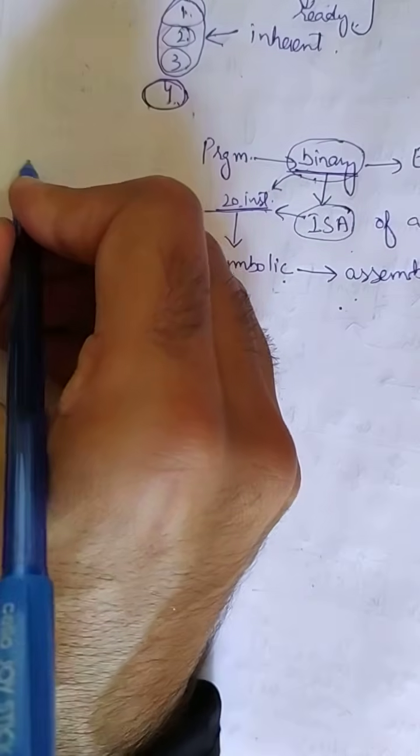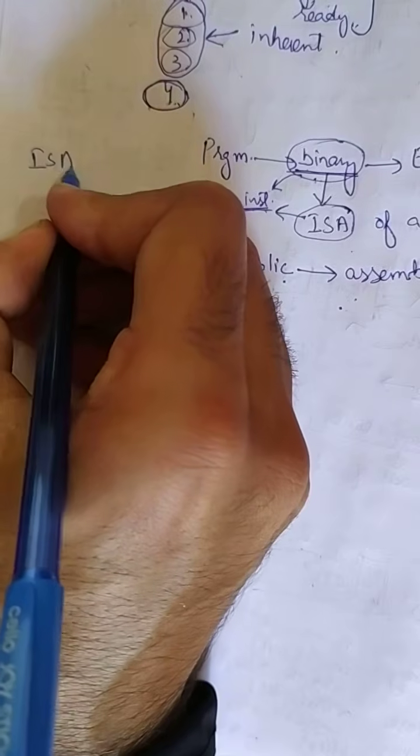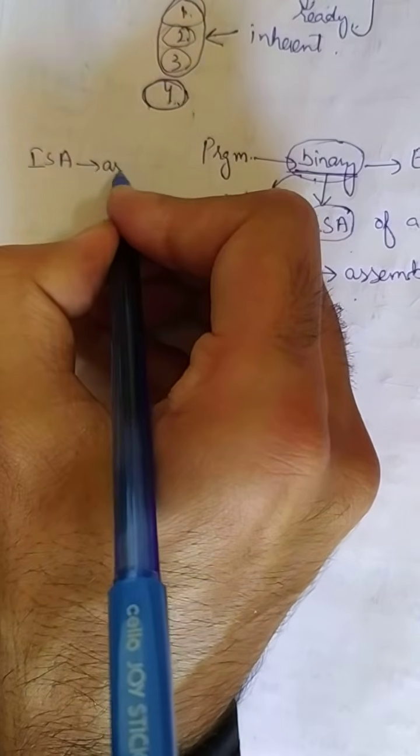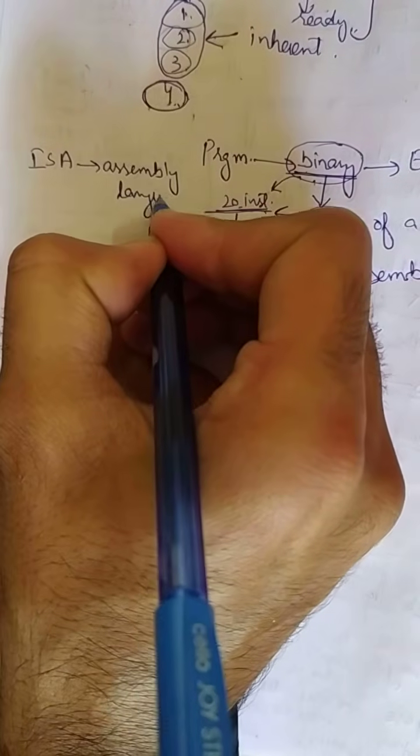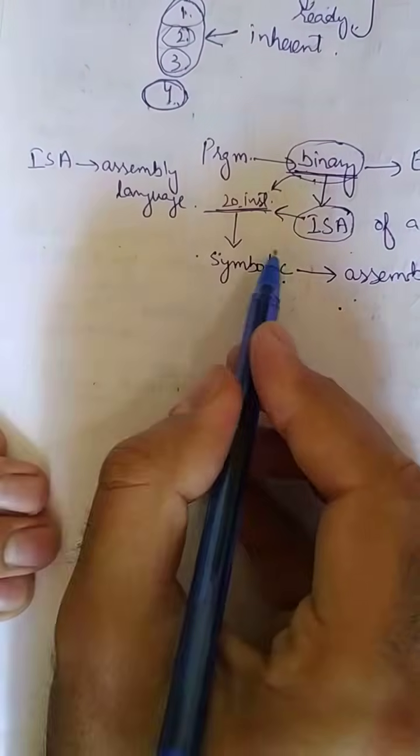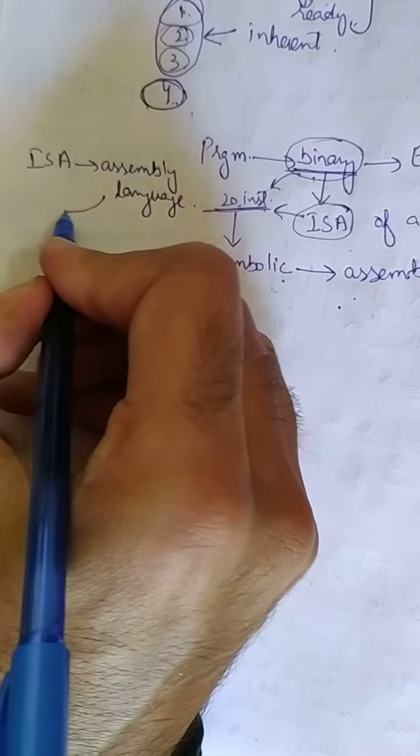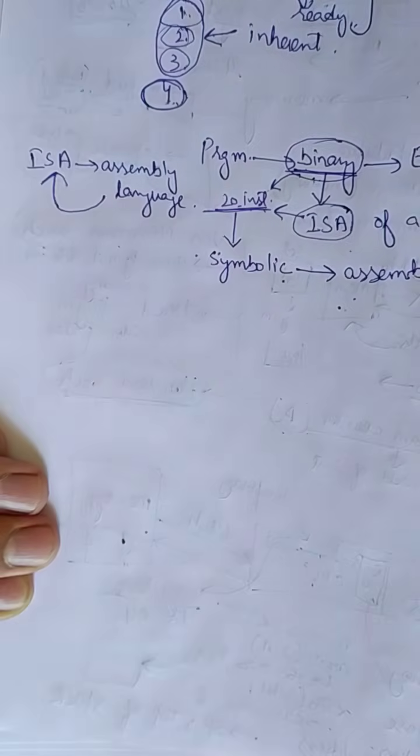So for every ISA, we have an assembly language. Assembly language means these are the symbolic notations that represent the binary instructions belonging to the ISA.